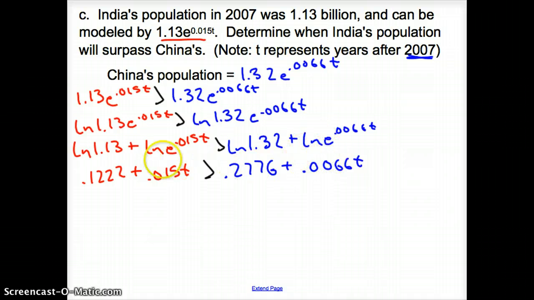Now we just have an inequality that we have to solve. So we have to put together our t's and put together our normal numbers. So I'm going to bring this guy over here. How do you do that? I subtract it, so I have 0.1554 plus 0.0066t, and that is going to be greater than 0.015t.